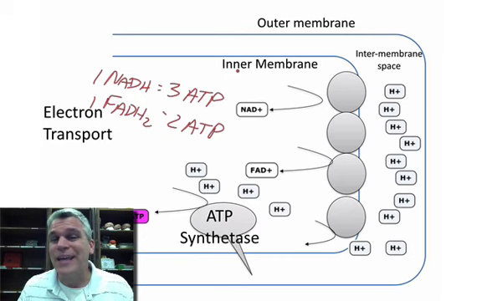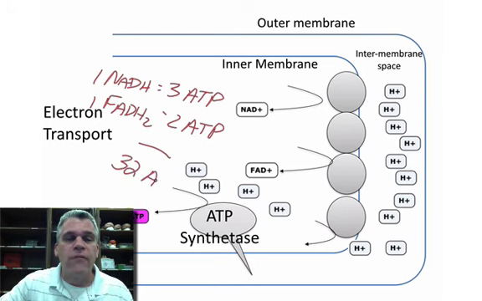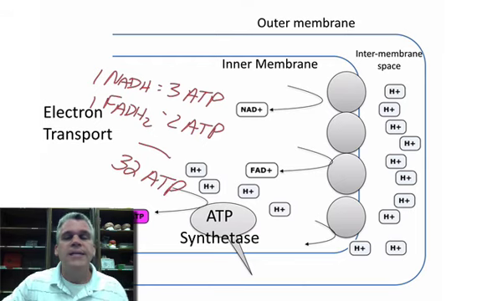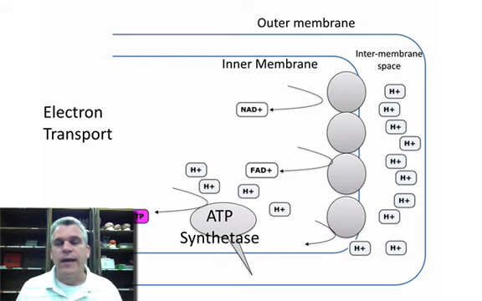We only actually net 2 ATPs because it takes some energy to get them in. Anyways, if we add up how many NADHs and FADH2s we made up to this point, and we multiply it by how many ATPs they each make, we get a grand total of 32 ATPs made in electron transport. But we're not done yet.